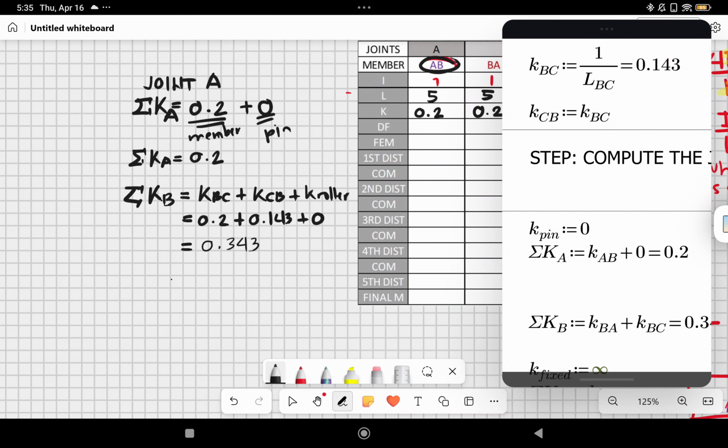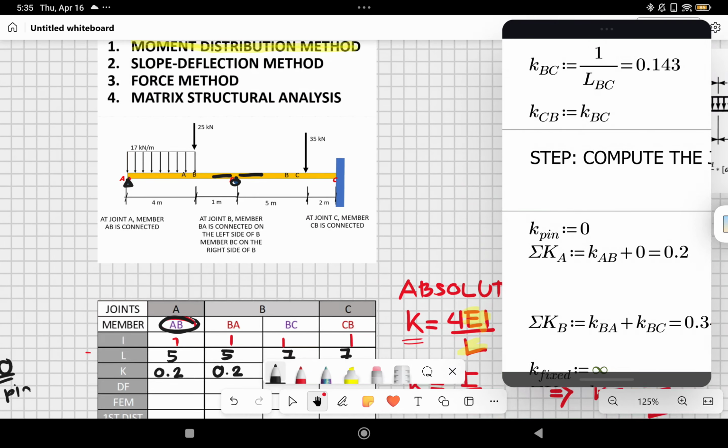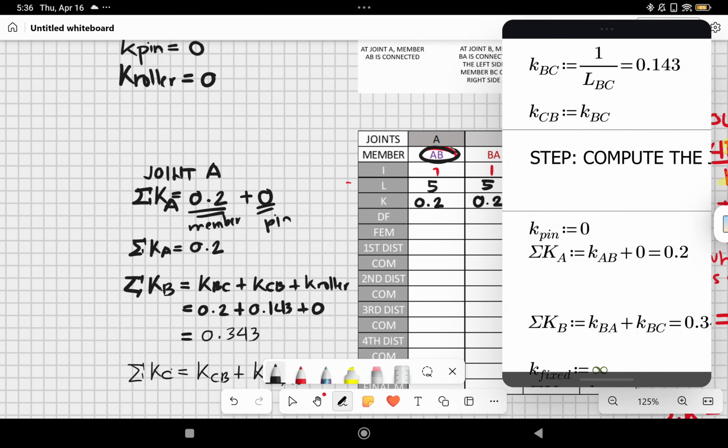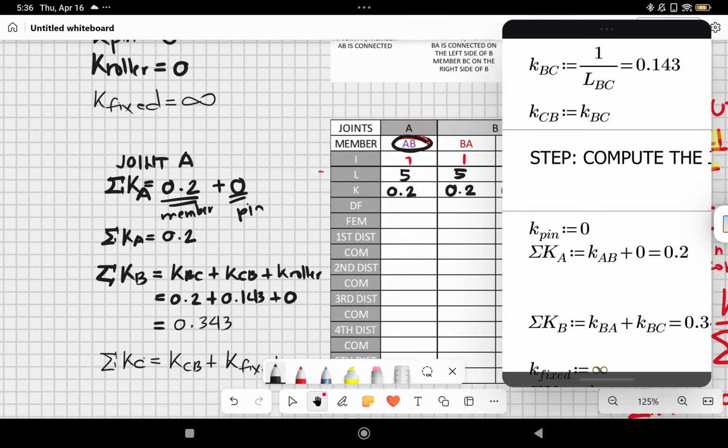Okay? And then for summation KC, what is connected at C, as you can see, is a fixed support and the member CB. So the member CB plus the K of the fixed. When it is a fixed support, we give it a value of infinity.